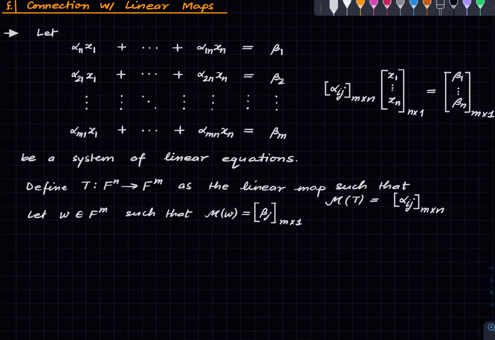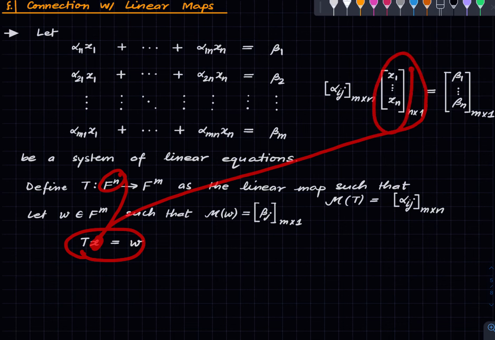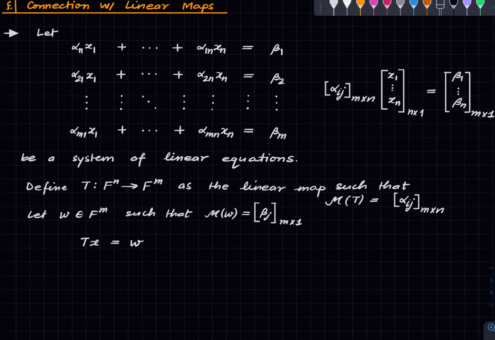And now the system of equations here is equivalent to solving the following. Find a vector X such that this happens and take its matrix representation or coordinate representation, and you will find a solution. And conversely, every solution will give you a vector like that. So the connection is very, very straightforward.